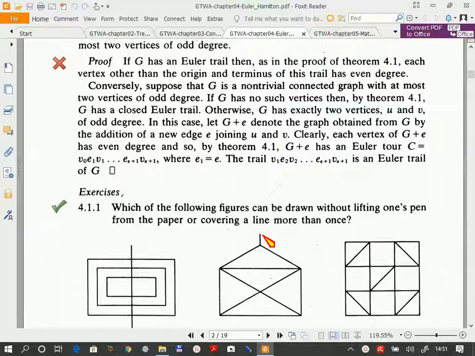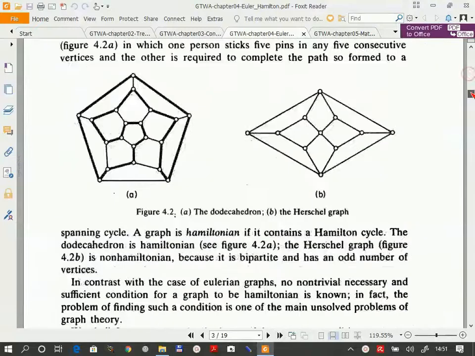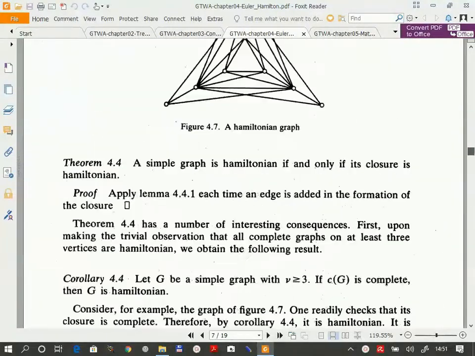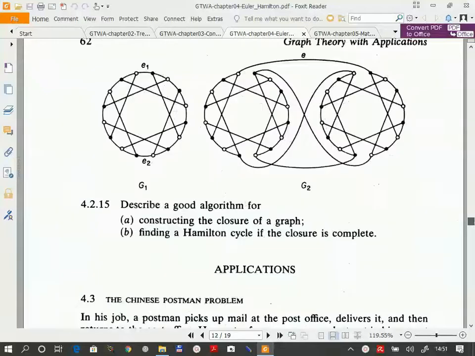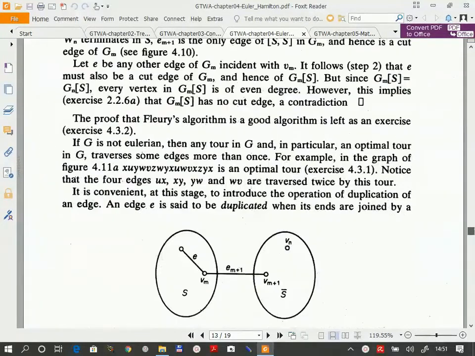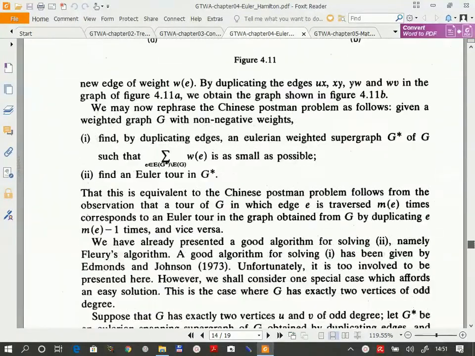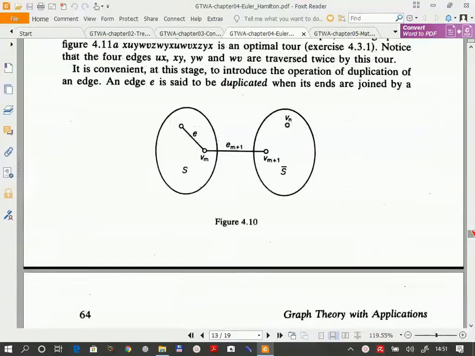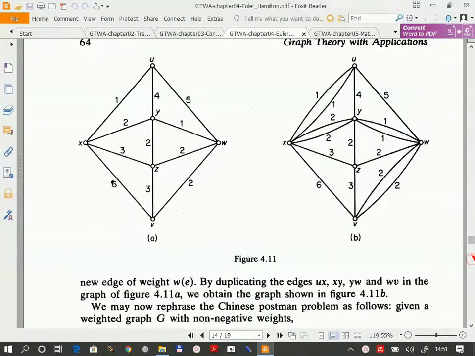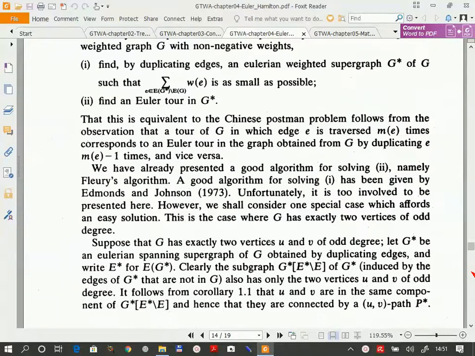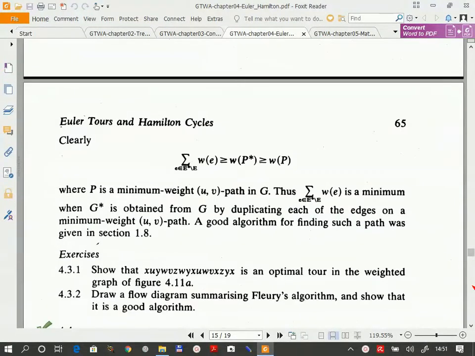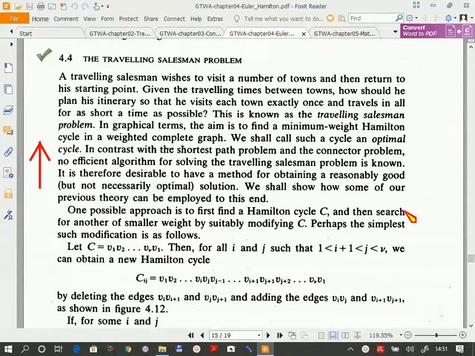Meaning that again, the initial situation is the same as the postman, meaning that you have streets with lengths, and you have to minimize your journey, the length of your journey.